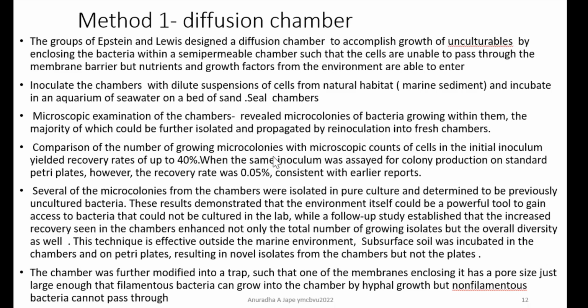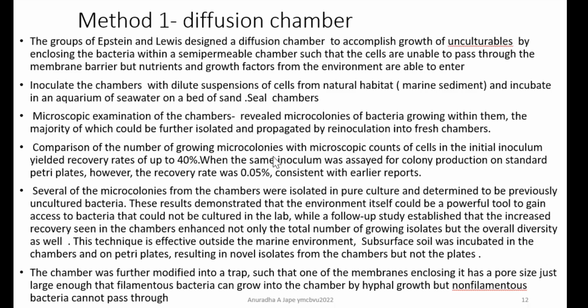And then you put this sealed chamber on top of an aquarium of seawater, or you can prepare a bed of sand and cover it with the digested organic matter generally present at the base of every water body, with some amount of water just to facilitate the conduction of nutrients across, right?